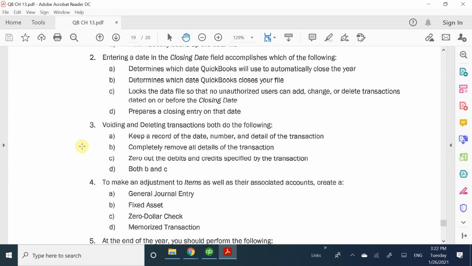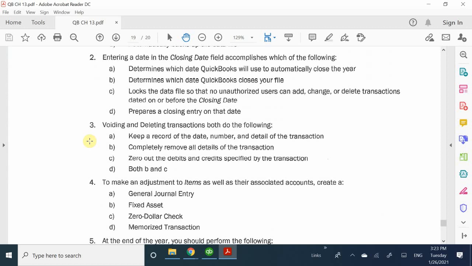Number 3, okay? Voiding and deleting transactions both do the following. Well, I have C. That's what I have as well, but I think D might apply. Okay, now let's go over the answers then.